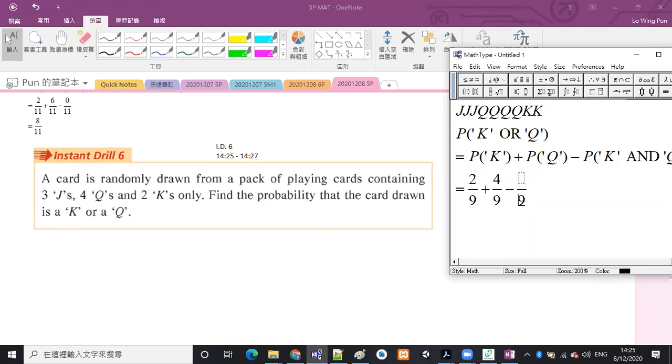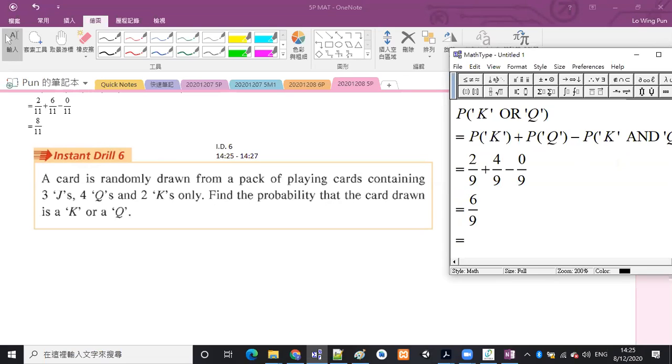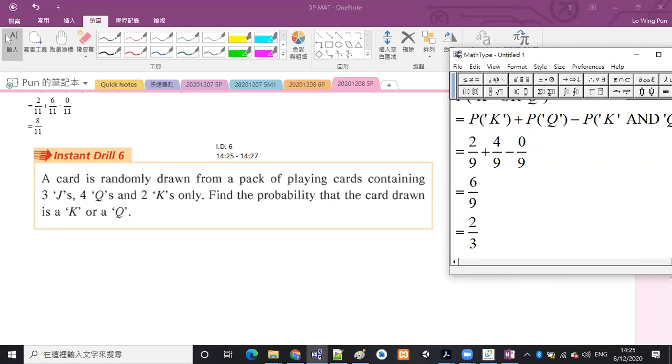It should be none. If it is a queen, then it is not a king, and if it is a king, then it is not a queen, right? So there are 0 out of the 9 cards. It should be equal to 6/9, but you need to simplify this fraction, and the answer will be 2/3.